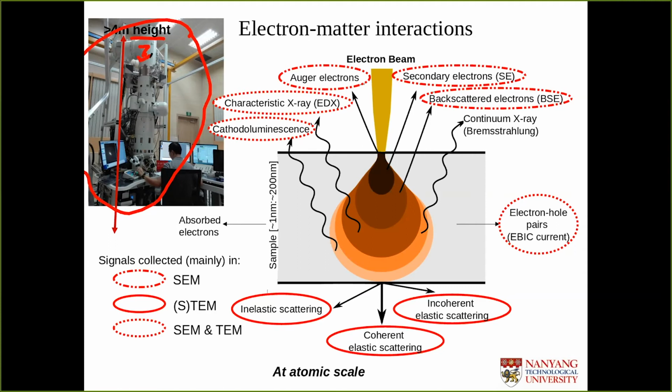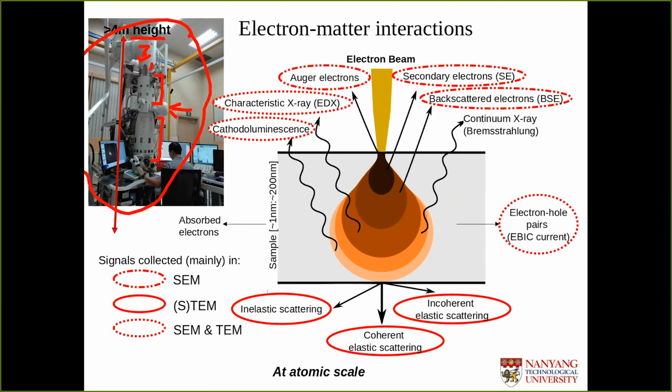So you accelerate your electrons. You have a condenser system that is used to form the probe. Then you have a chamber where you put your specimen. You have an objective lens around the specimen, and then a set of lenses below the specimen to record an image.